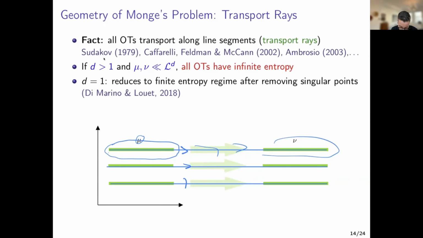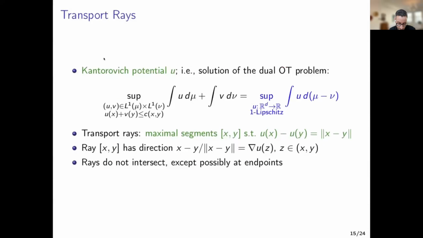That's the image I want you to have in mind, even though in general it's quite a bit more complicated object. In general, the transport rays are the incarnation of c-cyclical monotonicity for this particular cost function, for those of you who know the abstract optimal transport theory. In general, the OT problem has a dual problem.